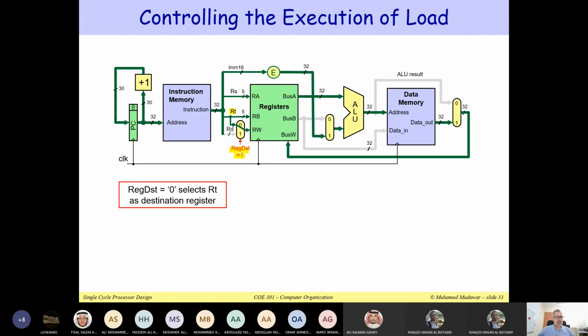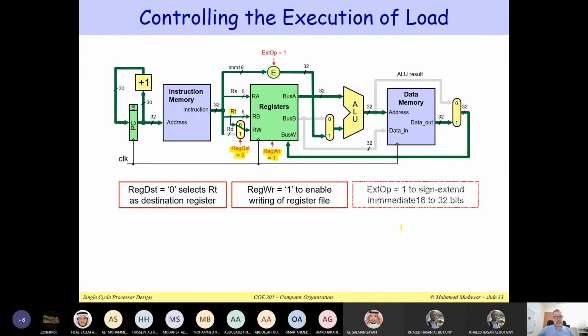That's the importance of this multiplexer. We are going to enable the writing of the register file, so register write must be equal to 1, because we are going to write register RT.